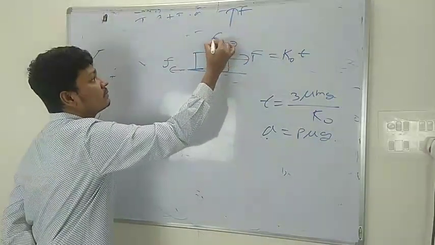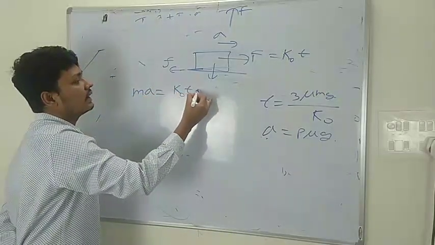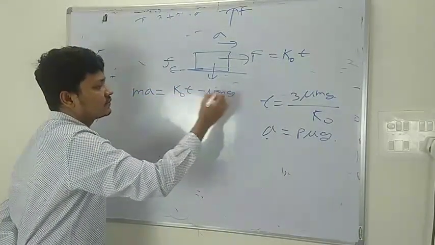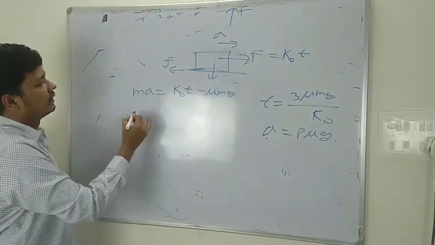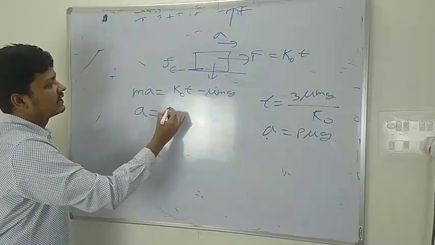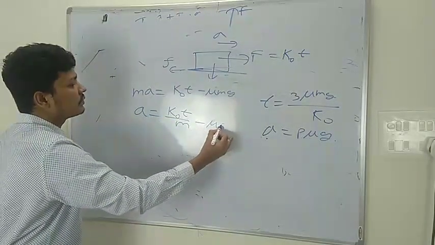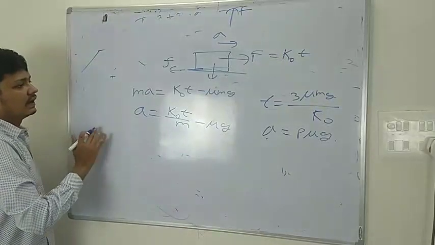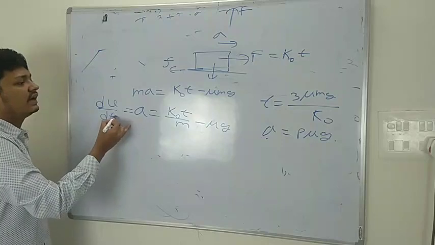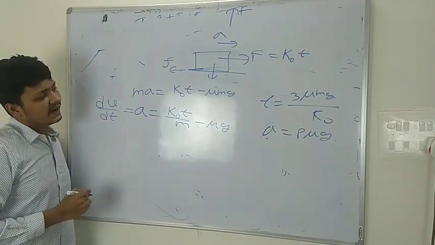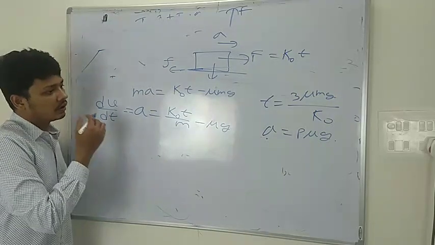Your acceleration must be: m times a is equal to k naught t minus mu m g, and your acceleration is k naught t by m minus mu g. This is nothing but dv by dt.